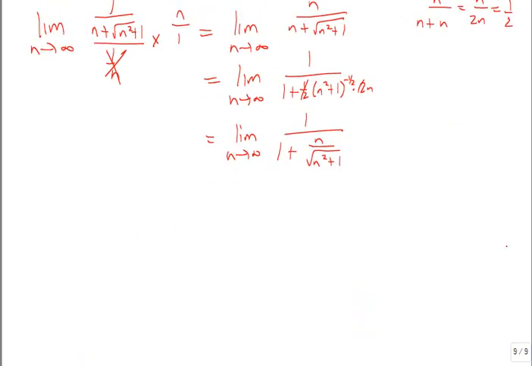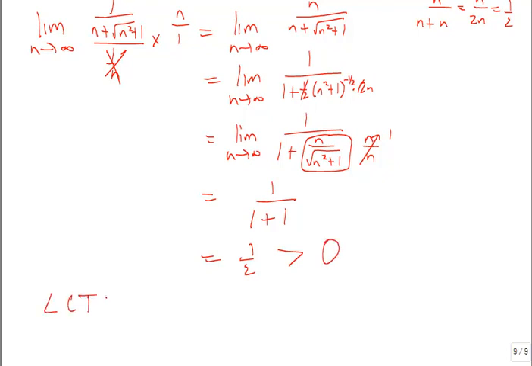In the long run, this part right here is acting like n over n, which is going to go to 1. So you've got 1 over 1 plus 1, which is that 1/2, which is positive, greater than 0. So by our limit comparison test, the known series that we had was that harmonic, which we knew diverged. So the unknown series must diverge as well.